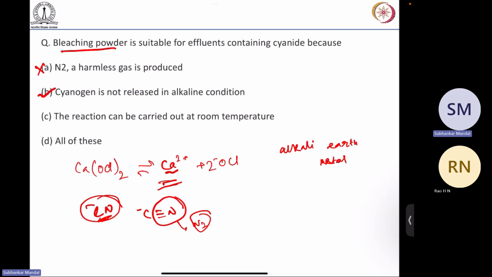Okay, the reaction can be carried out at room temperature. Basically, this bleaching powder, whatever we used for disinfection, all these things, when it reacts with these cyano compounds, some tear gas is formed. So what is the chemical formula of tear gas? Tear gas is chloropicrin.